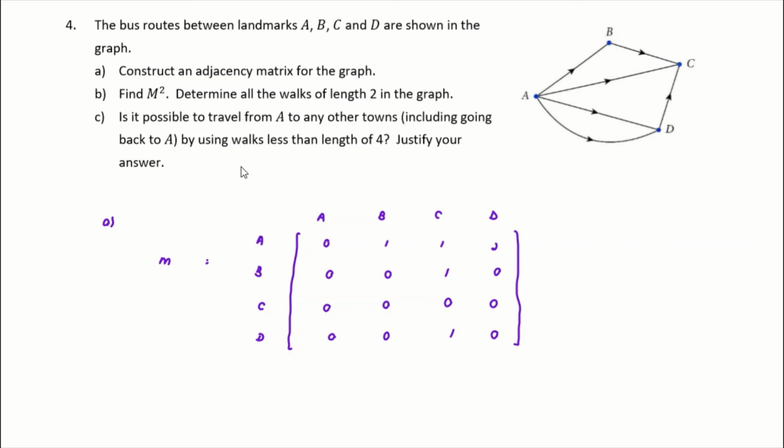Alright, so move on to part 2. Find M square. Determine all the walks of length 2 in the graph. Okay, so now let's try to do that.